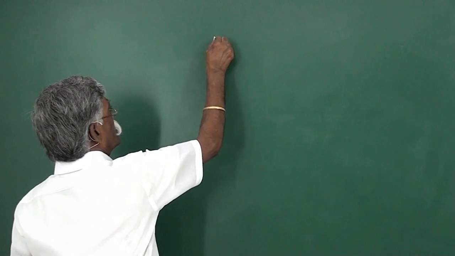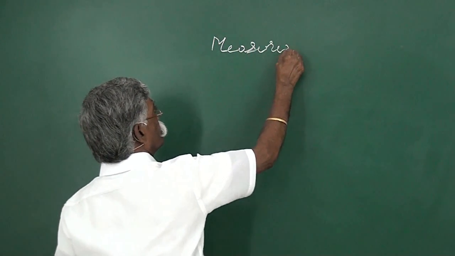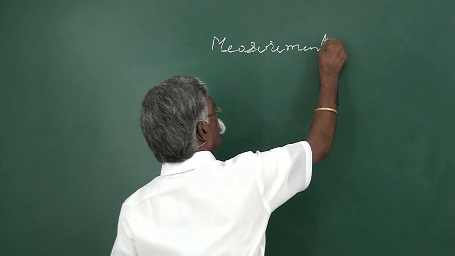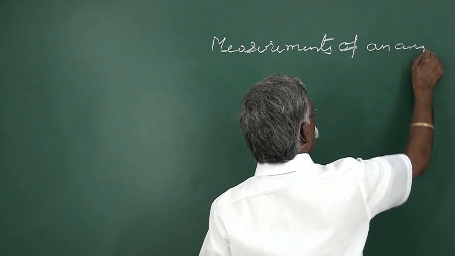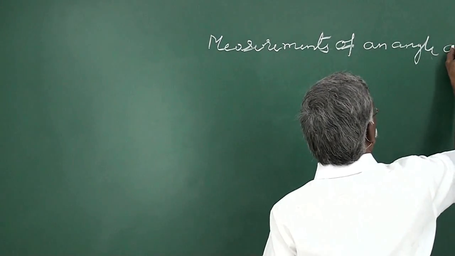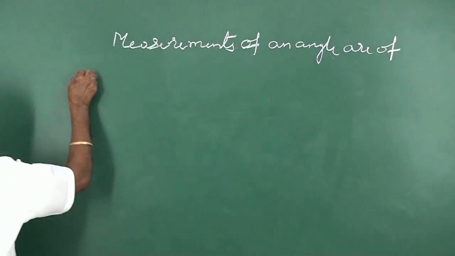So measurements of an angle are of three types.